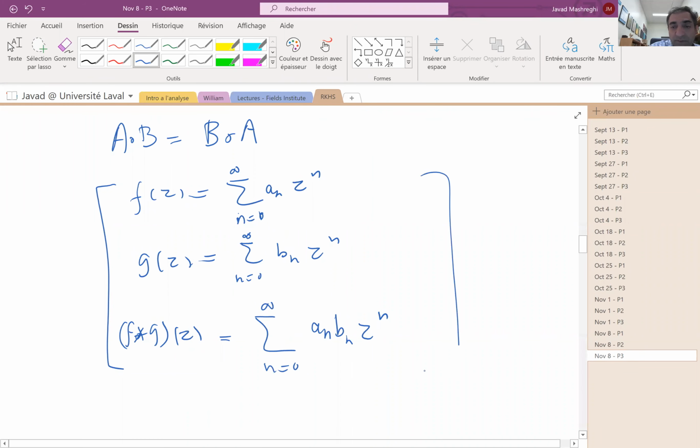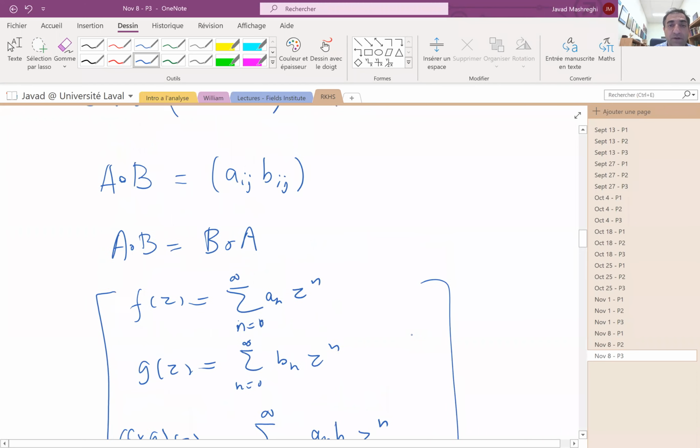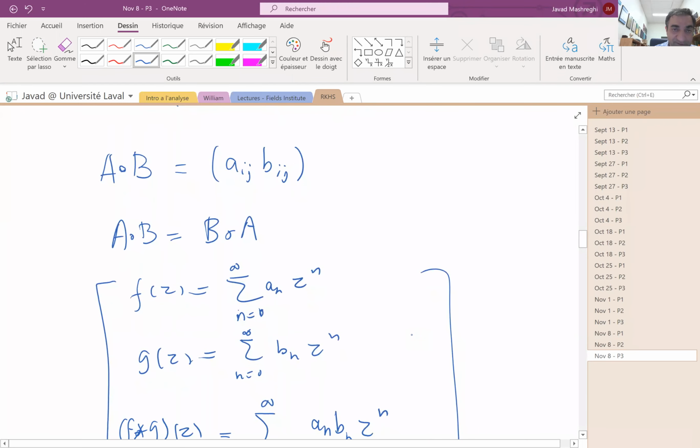Just as a comment, this type of multiplication makes sense in other domains too. And if somebody asks you why we don't multiply matrices like that, or vectors like that, component by component, you immediately can say, well, of course we can, but it's another type of product and it has many interesting properties. And one of them, yes, we have time to see, we still have 13 minutes.